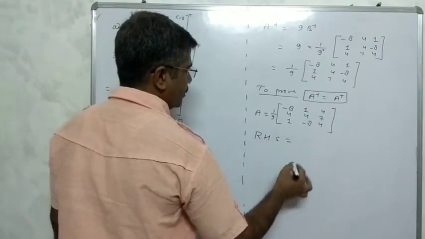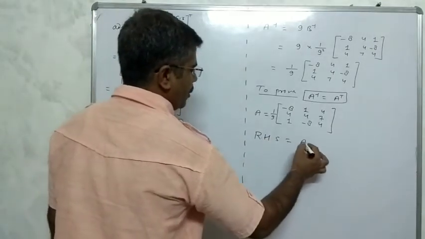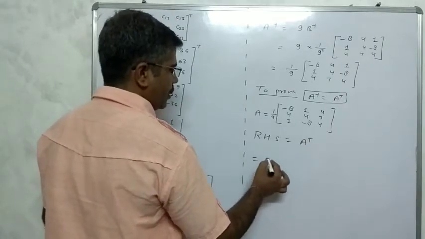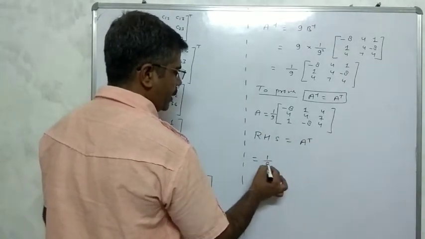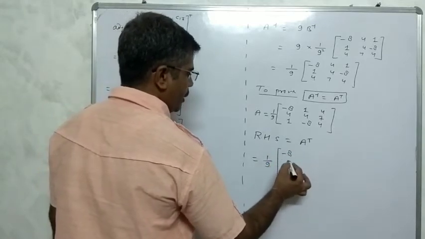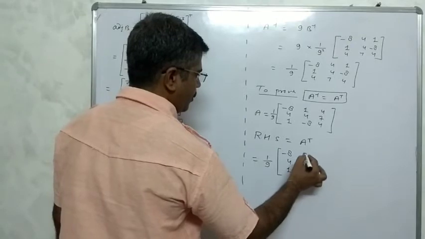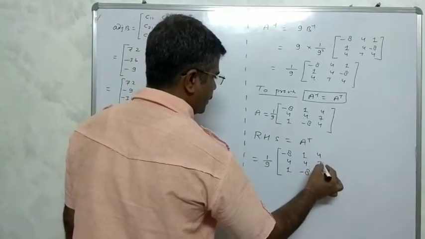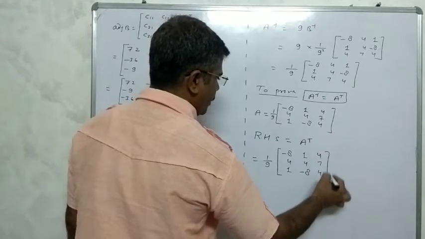Taking RHS, transpose of A. Here A is 1 upon 9 into minus 8, 4, 1, 1, 4, minus 8, 4, 7, 4.